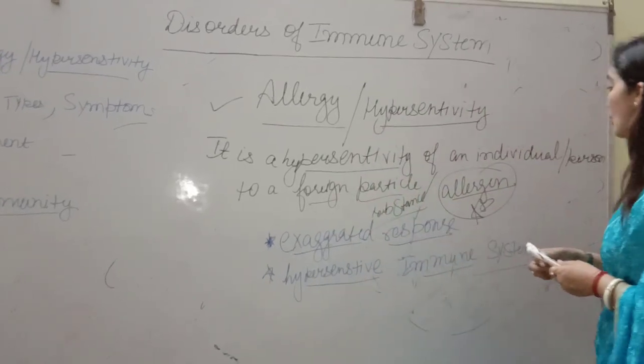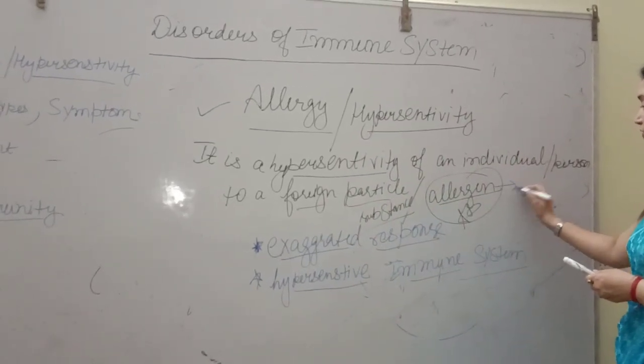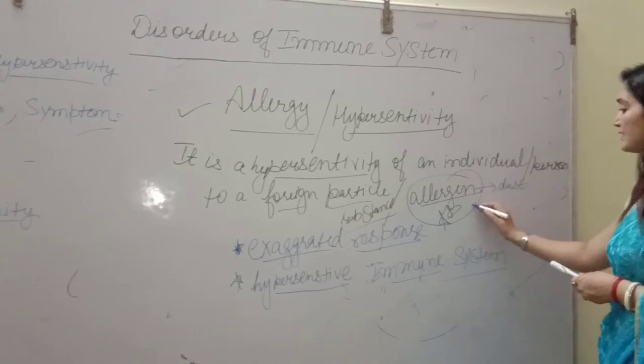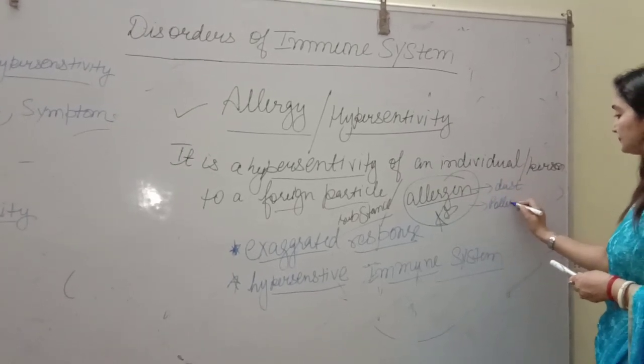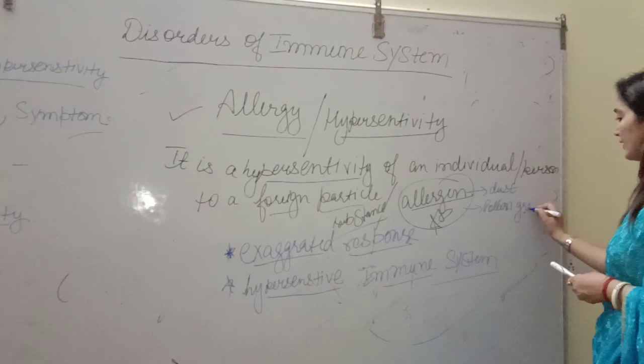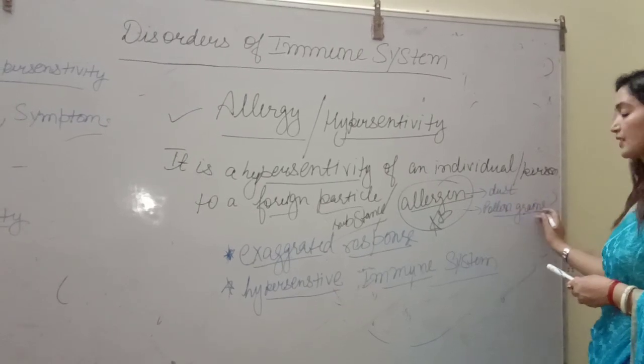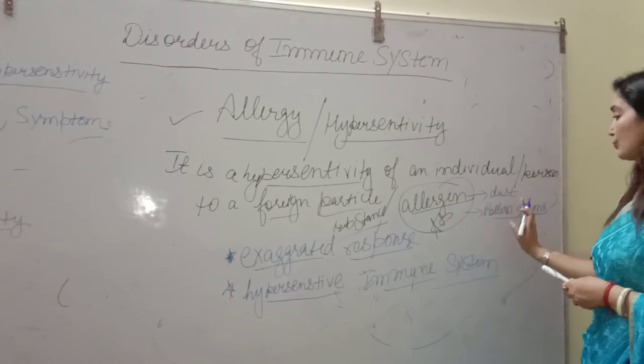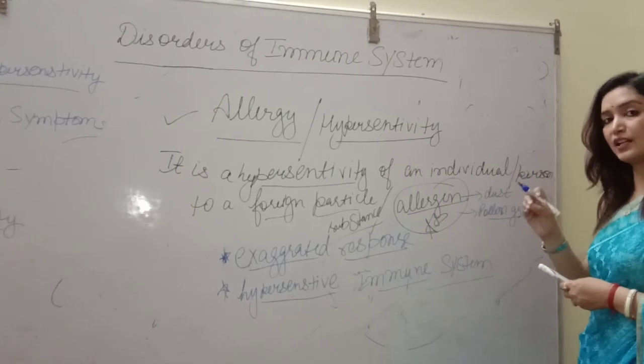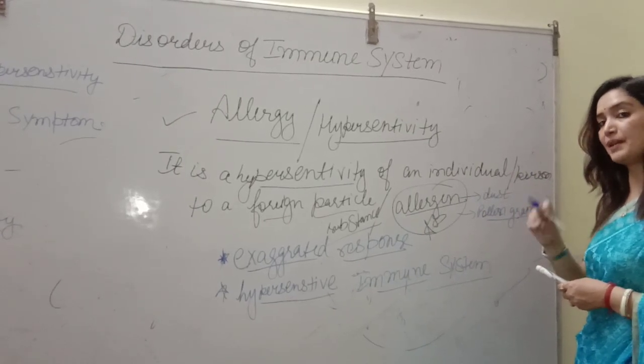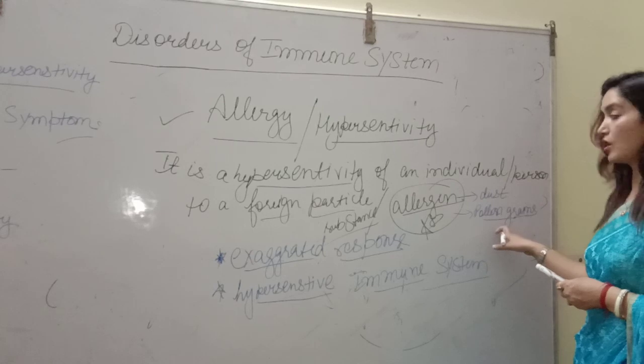So let me discuss what allergens cause allergy. That may be dust particles, or pollen grains. What are pollen grains, students? These are male gametes. They are also called microspores, like sperms in the case of human beings. Similarly, male gametes in plants are called pollen grains.